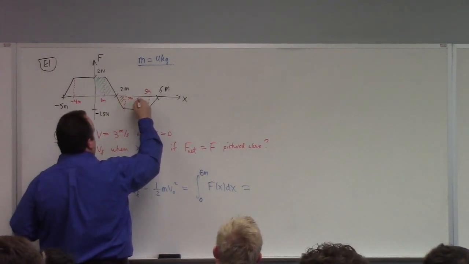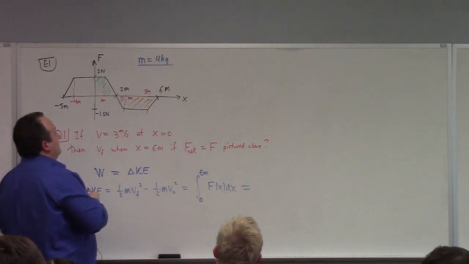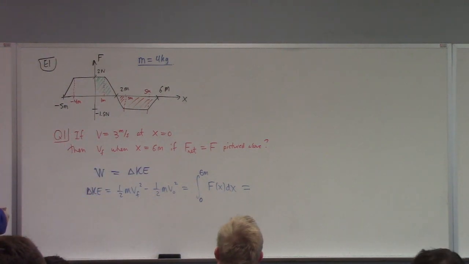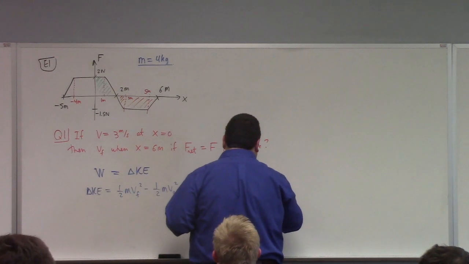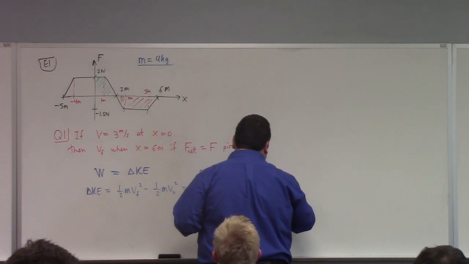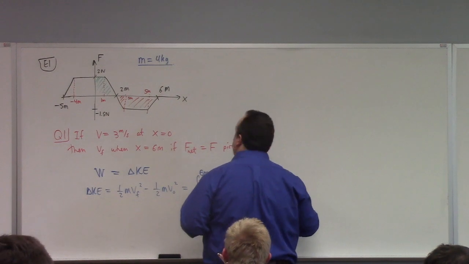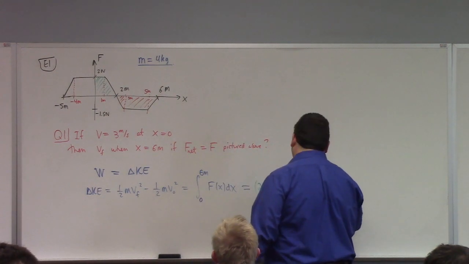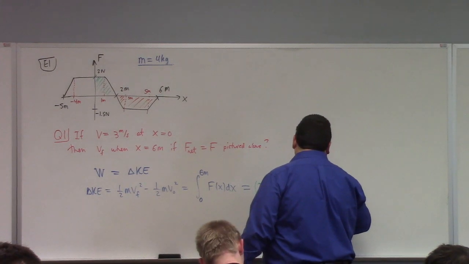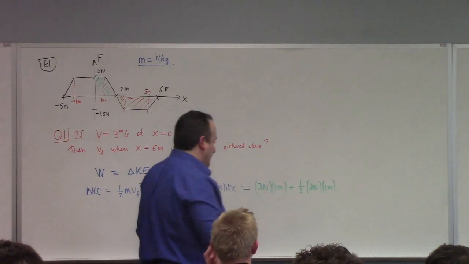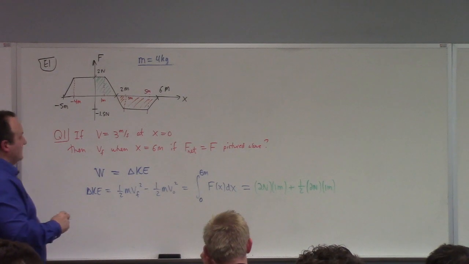So down here, this is negative work. Oh, that green part, I'm pretty sure is just 3. So you've got 2 newtons times 1 meter plus 1/2 of what? 2 newtons times 1 meter. So you said that that works out to 3? The green part. Yeah, you're right.